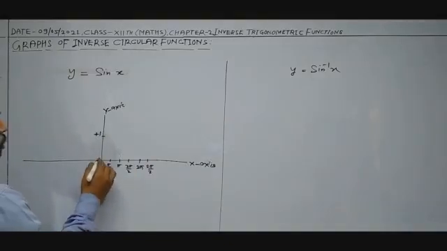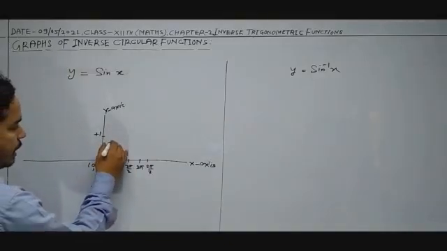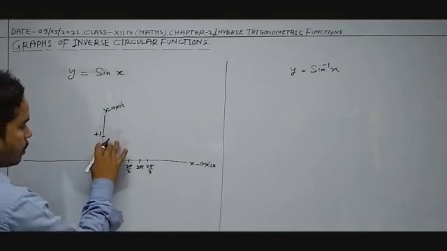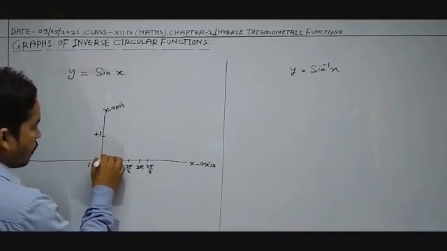So students, sin 0 value is 0 and sin 90 value is 1, so this graph will be like this.